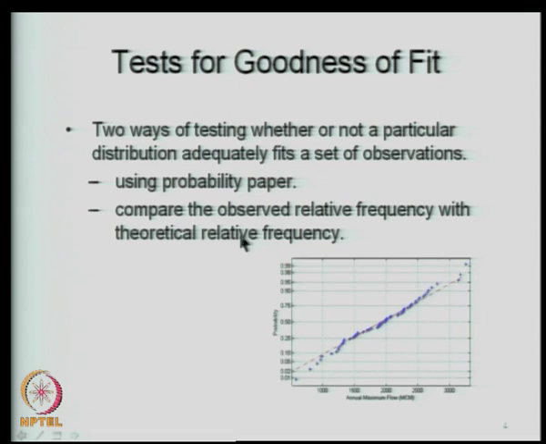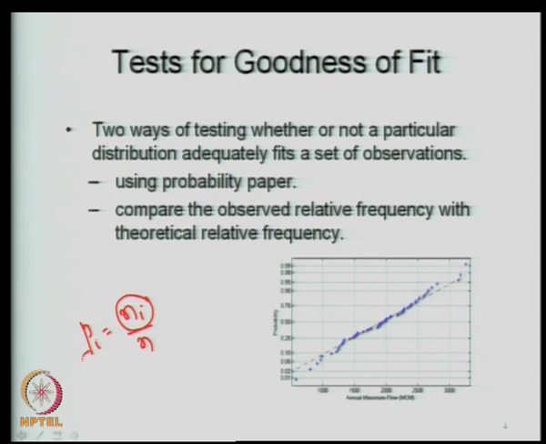What do I mean by that? You have the observed data. So, let us say that you have a means of calculating the observed relative frequencies. What do I mean by the relative frequency? Simply n_i by n, let us say we put it as p_i, which is the probability or the relative frequency n_i by n, where n_i is the number of values that fall in some class interval i and n is the total number of values.